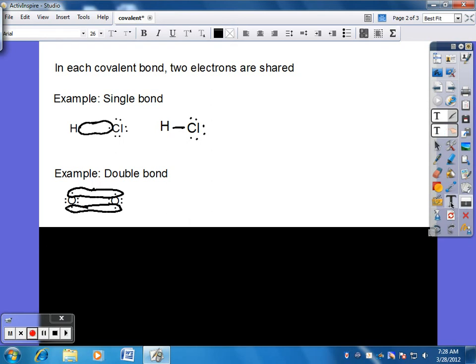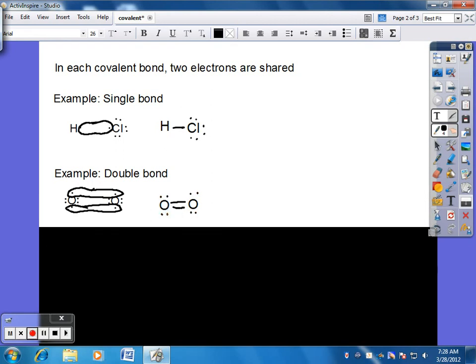And we draw that like this. So there's one oxygen. There's the other oxygen. And then we draw, in this case, 2 lines between. That line didn't come out very well. 2 lines between, and then add in 1, 2, 3, 4, and 1, 2, 3, 4.